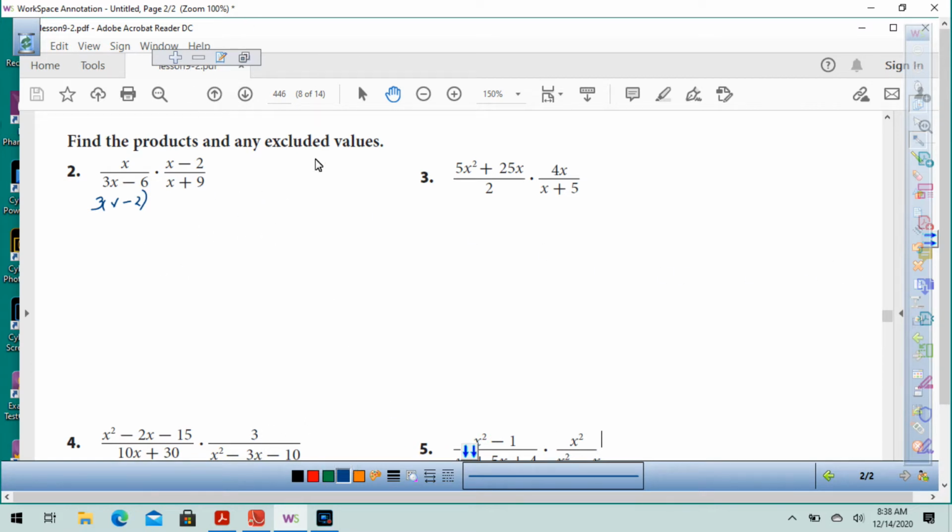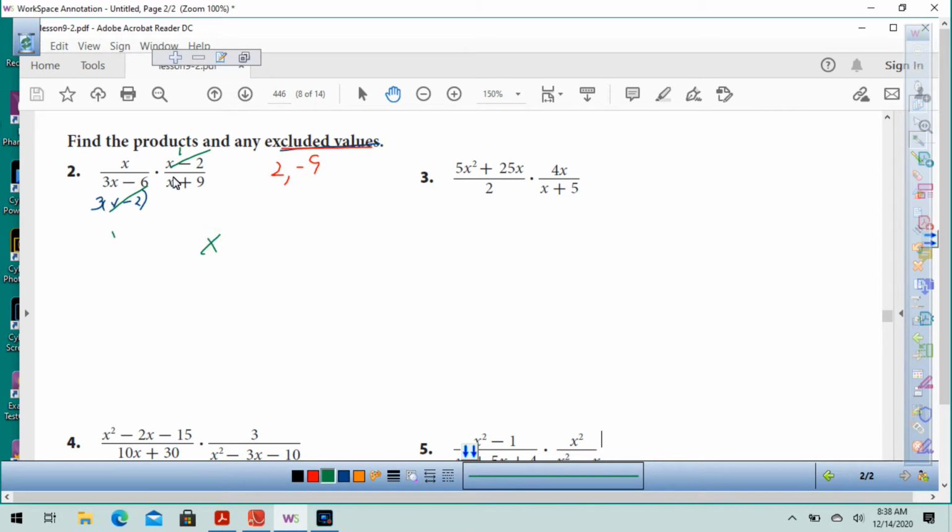First off, we've got excluded values this time. What are the excluded values? Anything that makes this denominator go to 0. So that's going to be 2 and negative 9. Now, if you notice, we've got an x minus 2 here and an x minus 2 there, and those cancel out. So that's a 1 and that's a 1. So you've got x times 1, that's just x.